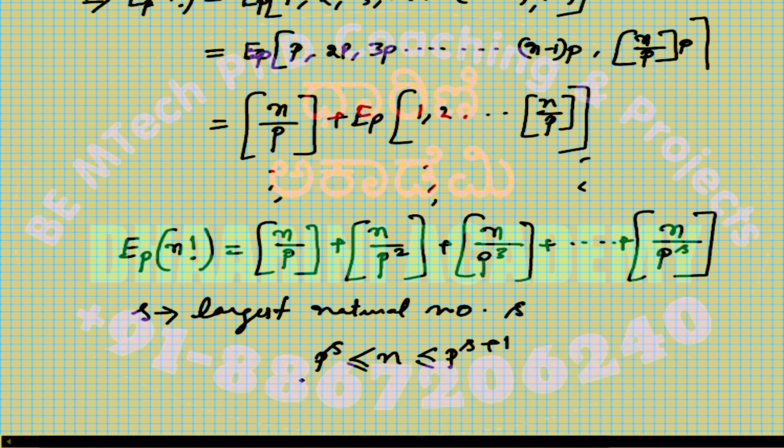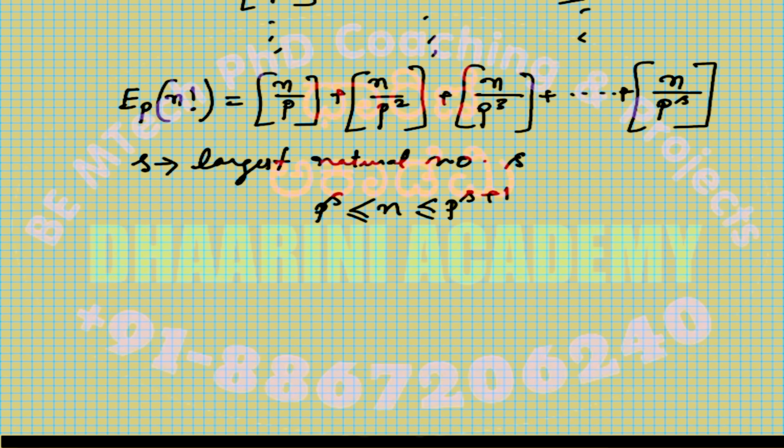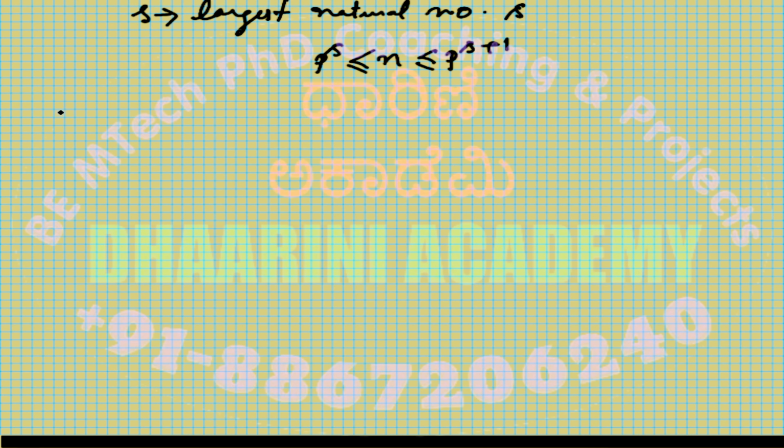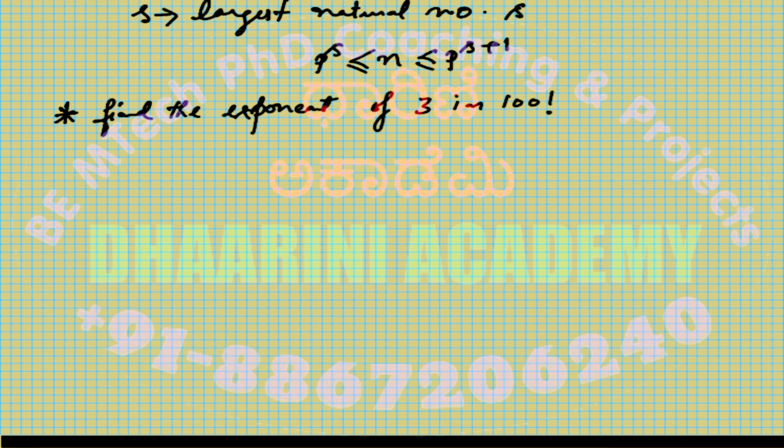Okay, all right, now let's look at a problem. Now we'll understand the application. This is the question based on this part. Find the exponent of 3 in 100 factorial.